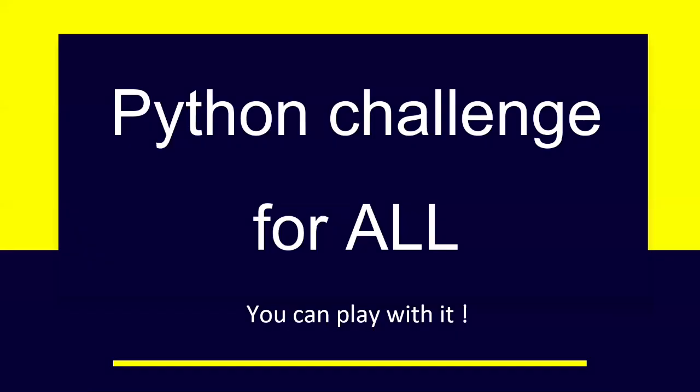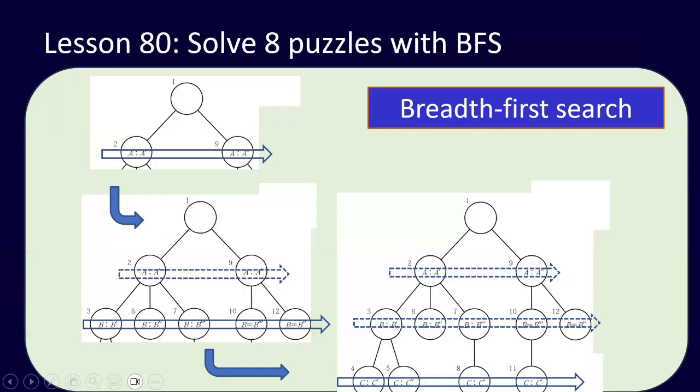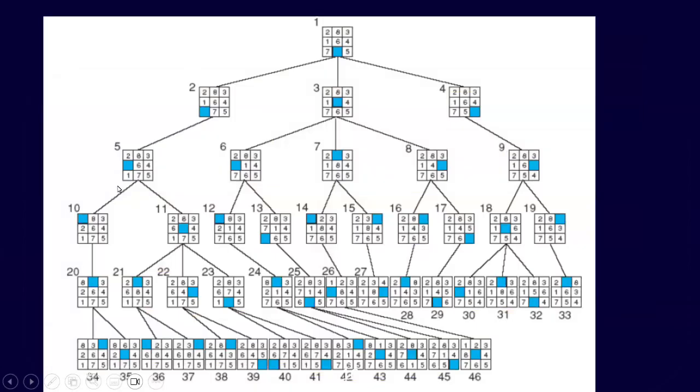Hello. Welcome back to Python Challenge for All. So we almost finished again the 8 puzzle breadth first search solver. We will check horizontally all the possible moves, states, and find a path to the goal.